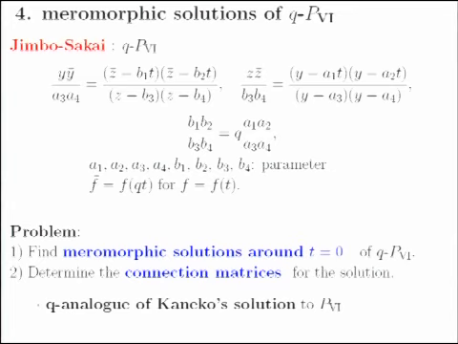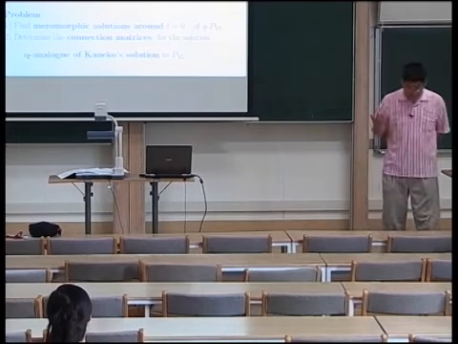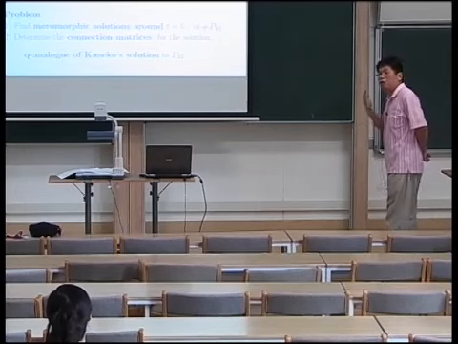Monodromy preserving deformation is very, very important for studying continuous Painlevé equations. So I believe connection preserving deformation is also important in q-Painlevé equations, but there are no such results in more than 10 years. So it is a good problem to study q-Painlevé equations using the technique of connection preserving deformations.